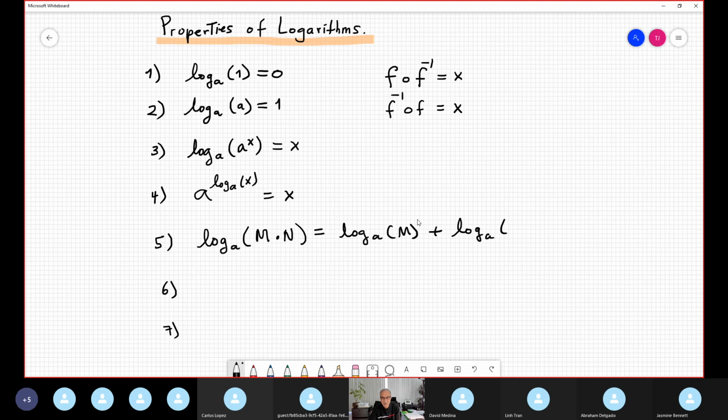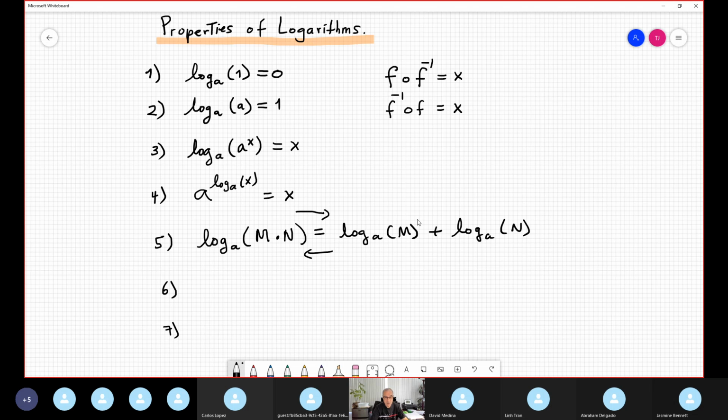And you know when you multiply something with the same base, of course, you add the exponents. So the logarithm is working similar to the exponent. So multiplication is converted to addition. And this is important in both directions.